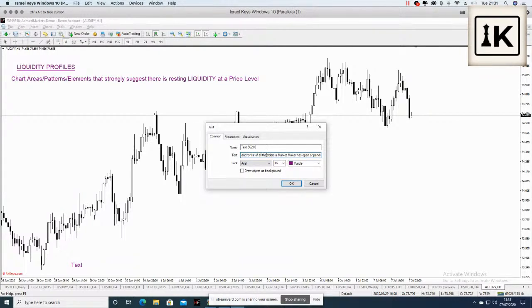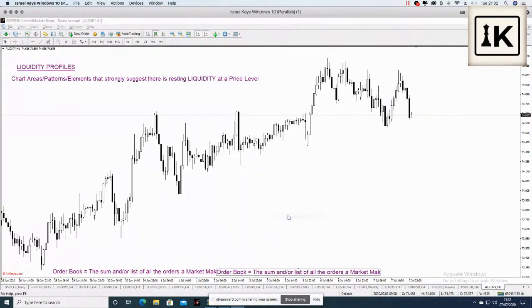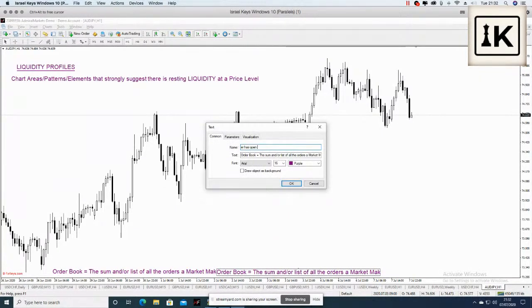And so they need liquidity to fulfill their order book.